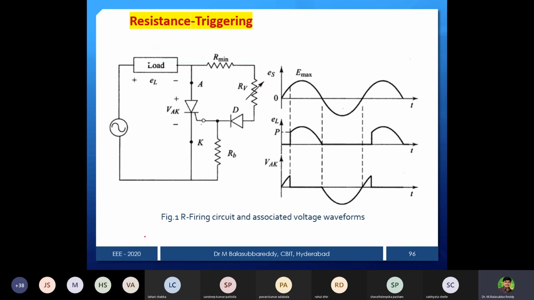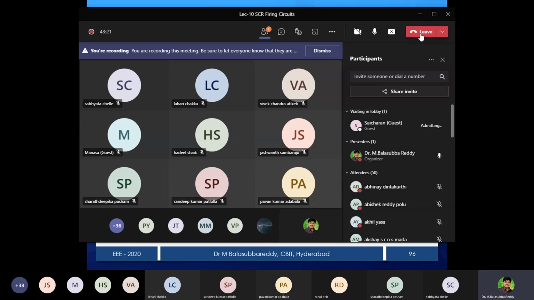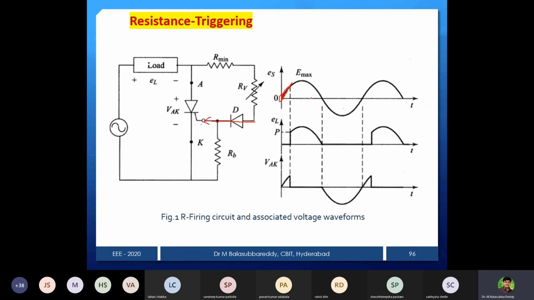Now we can see simple logic here. I want to pass the current. How much current? IG minimum. During the positive half cycle, the thyristor is forward biased and the diode is forward biased. Whenever the supply is gradually rising, the current passing through the gate is also gradually rising. At some instant the current will reach IG minimum.